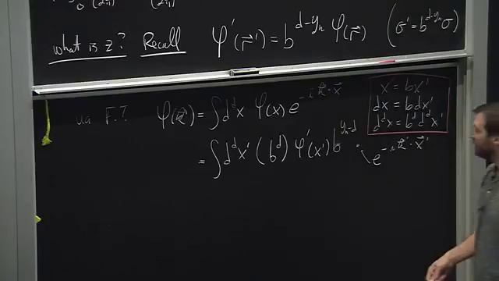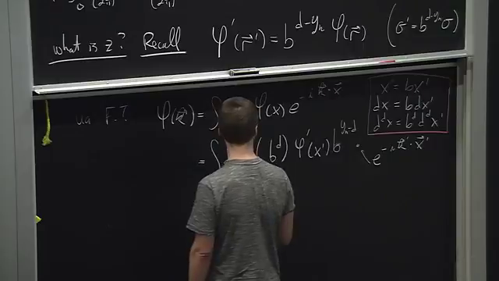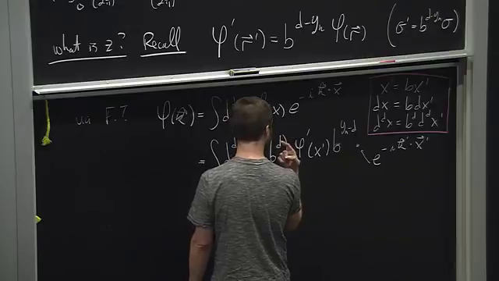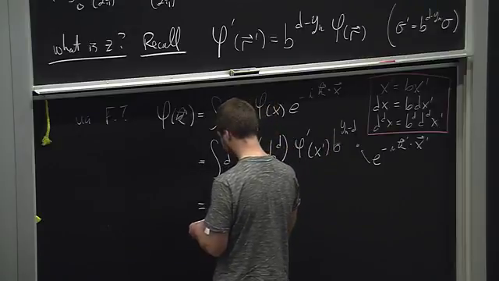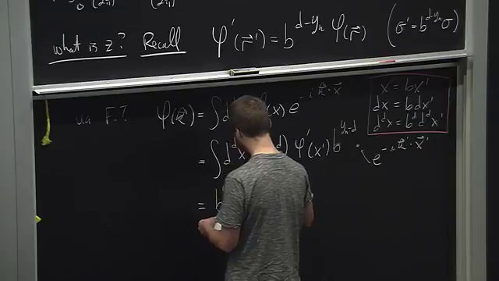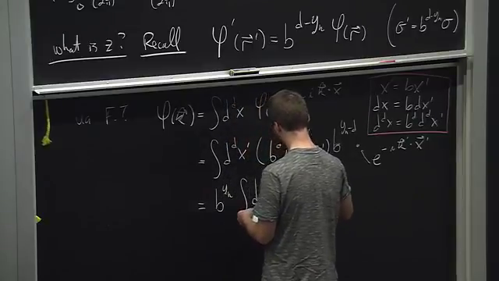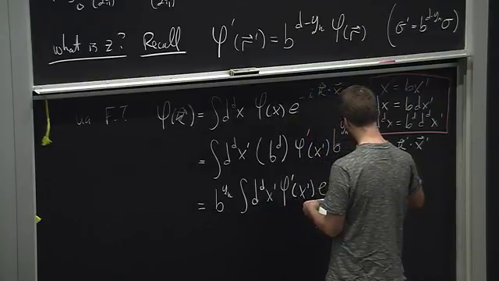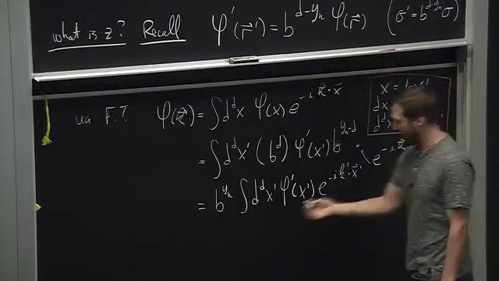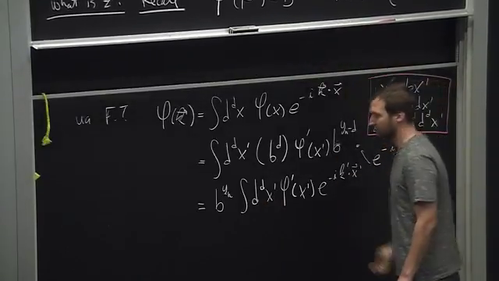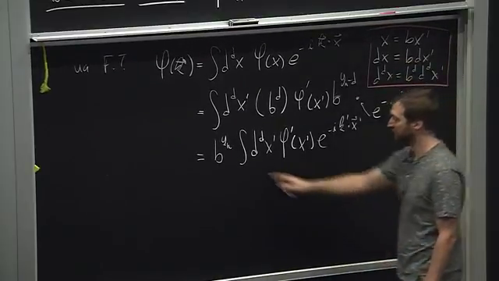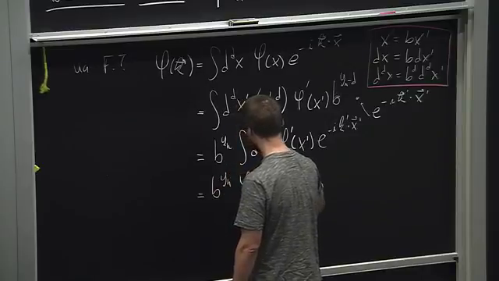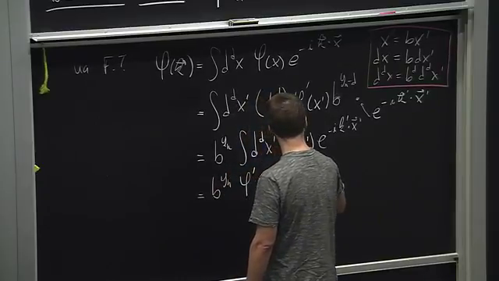Okay, so now I can just write this as phi prime with some factors. Something happens here. Oh, I got b to the d and b to the minus d. But that is just phi prime k. So that's the scaling dimension out front here. Phi prime, yeah, k prime.